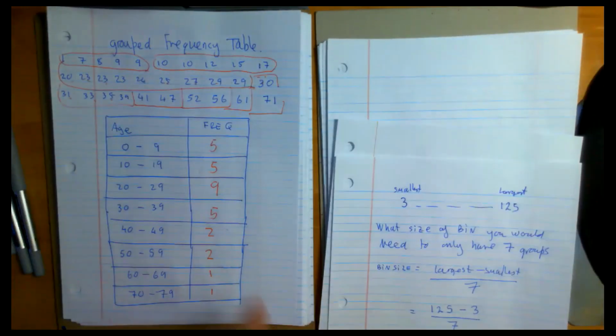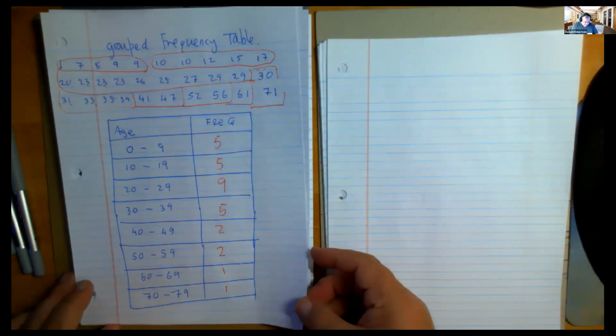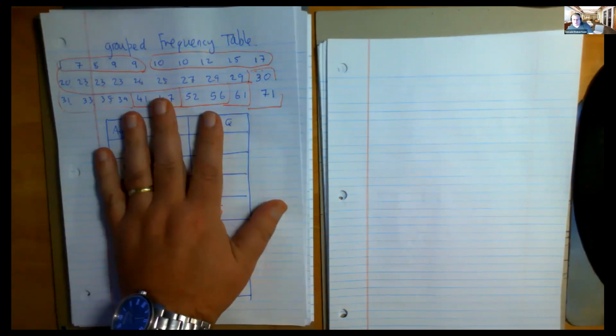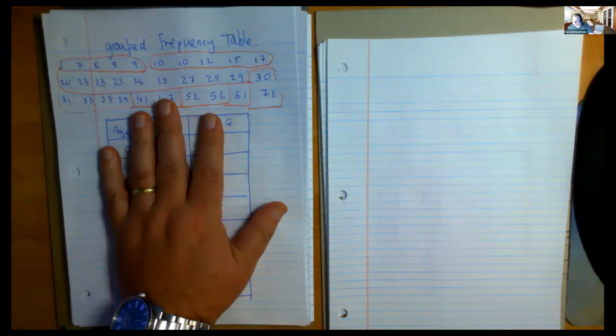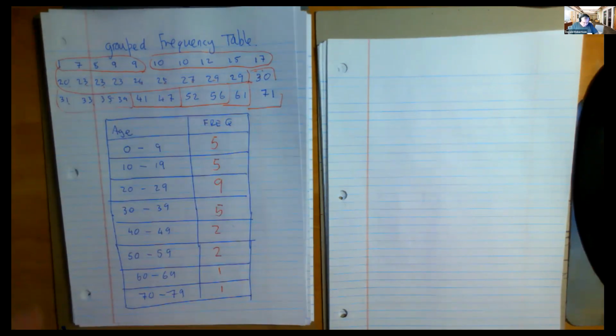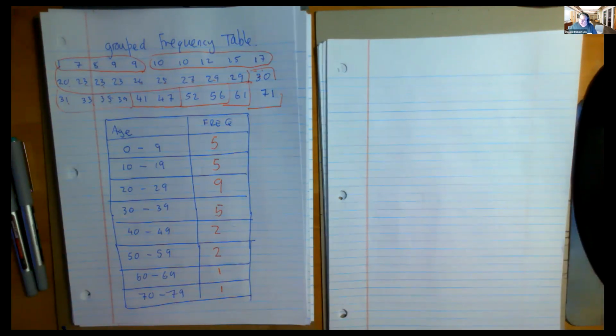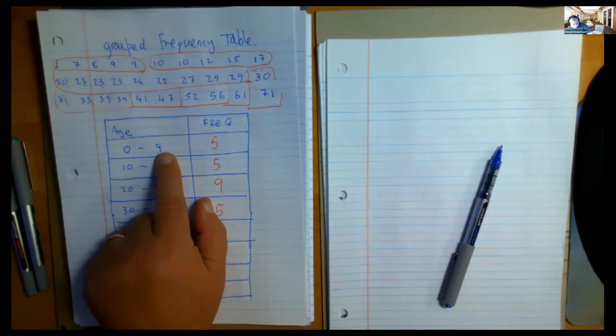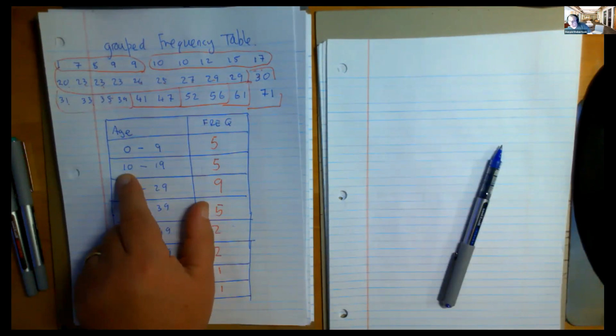So, groups, frequencies. You're going to eventually do histograms of these data, right? But that does involve a little bit of a problem, because do you notice that this group finishes at 9 and this one finishes at 10?